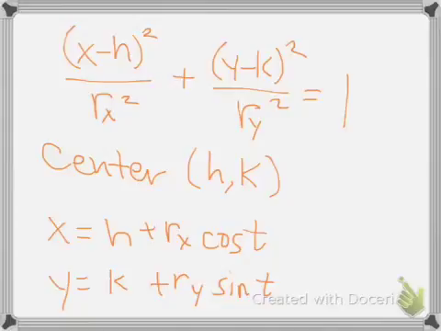Now the longest axis is the major axis. That's the bigger number underneath the x minus h squared or the y minus k squared. Whatever number is bigger tells you where your major axis is. Okay, now on an ellipse, you have the center point, which is h comma k, and then you have your ellipse that you draw.